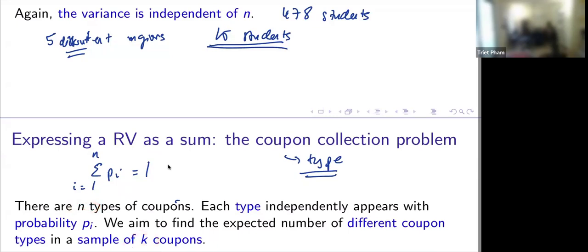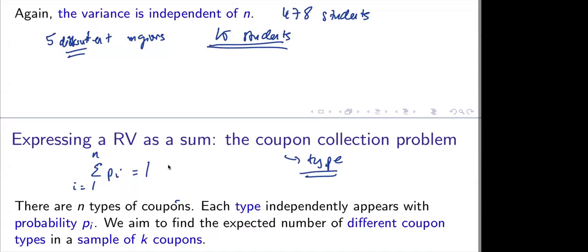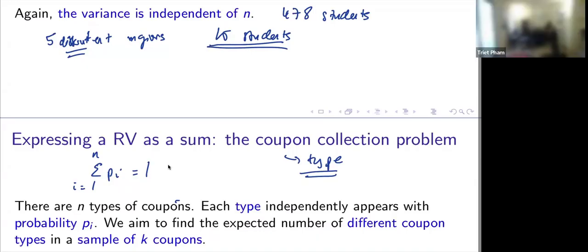So match for me here, 5 and 15. 5 here refers to N or K in the language here? 5 refers to N, the number of types, and 15 refers to K. Are we okay? All right, good. Now let's proceed to solve this question.